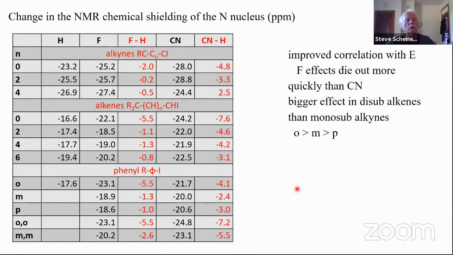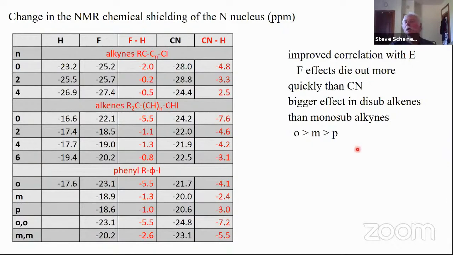And so minus 25 with the alkenes, 22, and the effects are here pretty good. So the deshielding of the fluorine goes away very quickly. The deshielding of the CN stays longer, although you do have this anomaly of a positive quantity here. In the alkenes, it seems to last a little bit longer than some of the other effects.